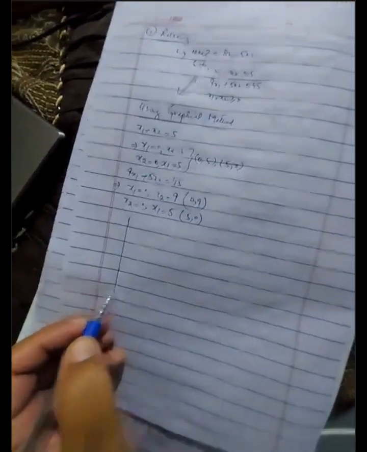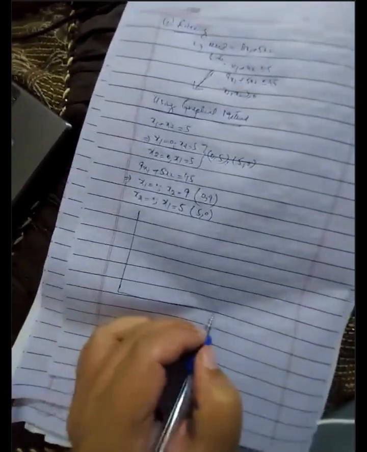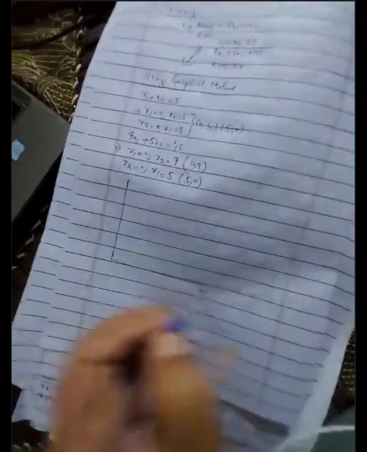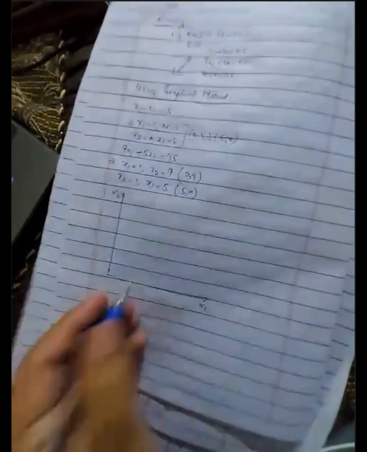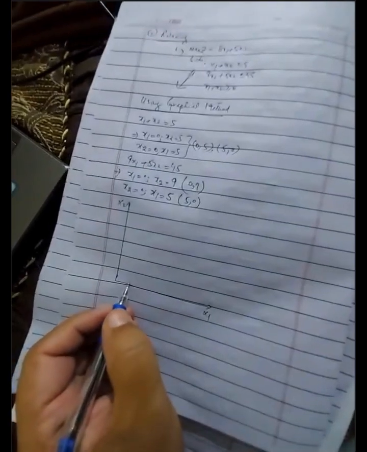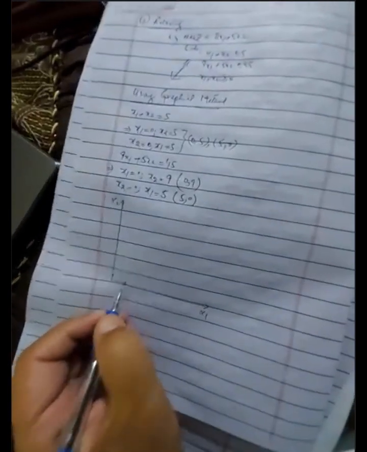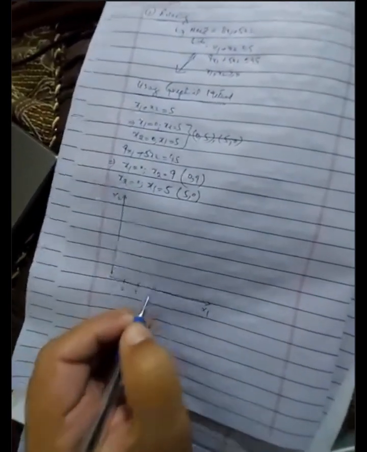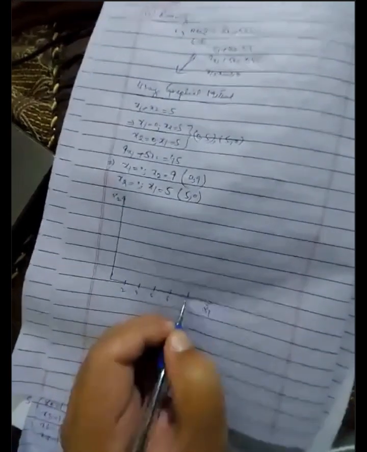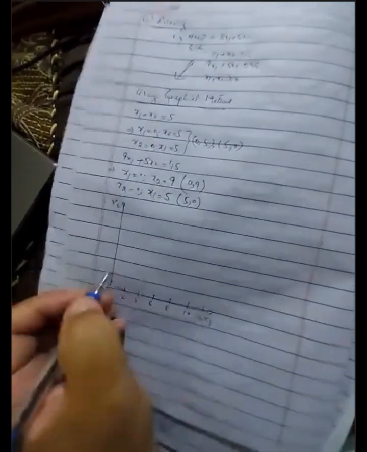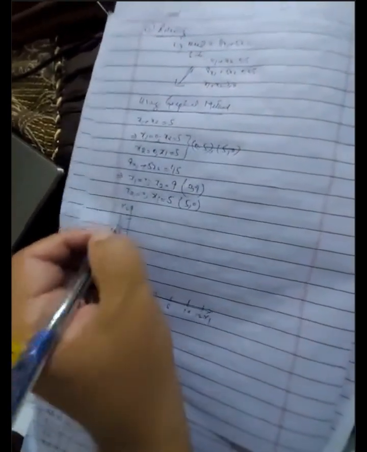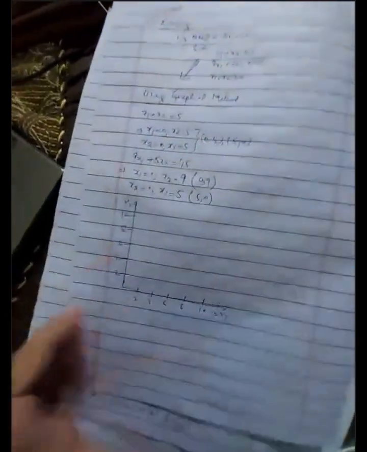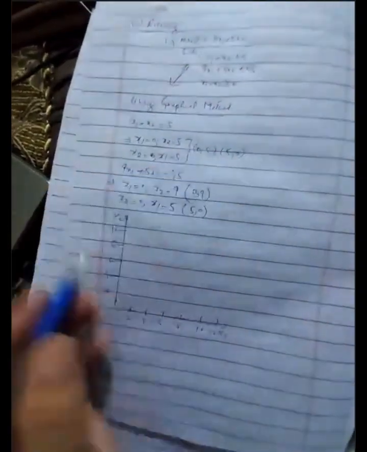Now we will graph it like we do it in graphical method. So here we say that we have 2, 4, 6, 8, 10 and 12. So the first points are 0, 5 and 5, 0.